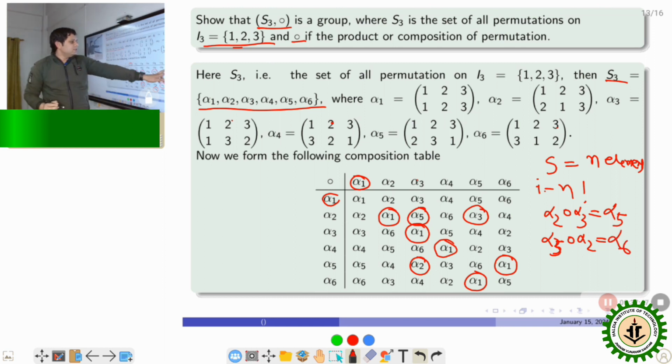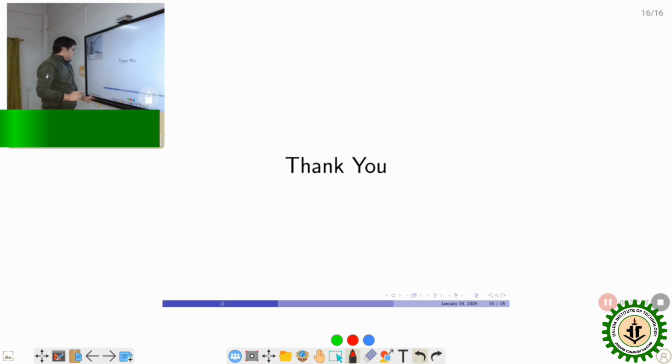Therefore, these two are not the same. Therefore, this is not abelian. Therefore, S3 with composition is a non-abelian group.